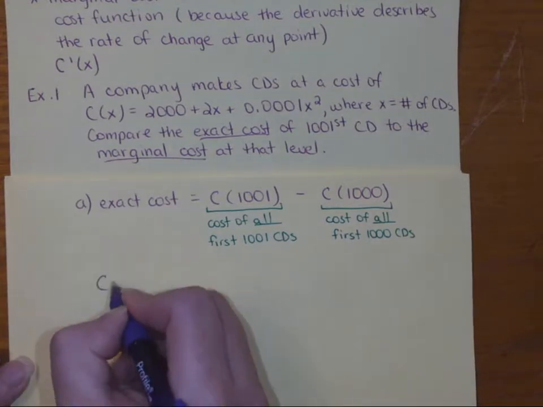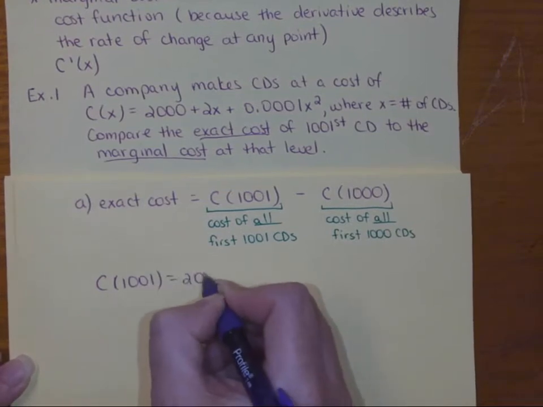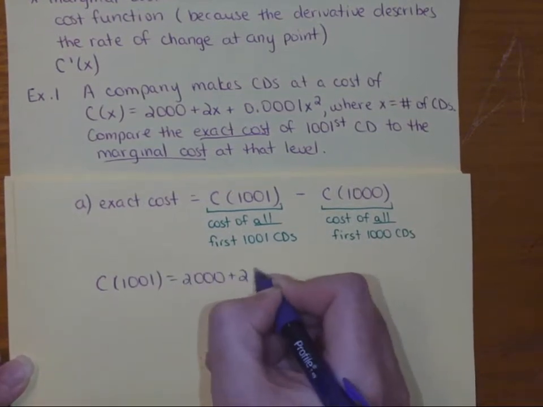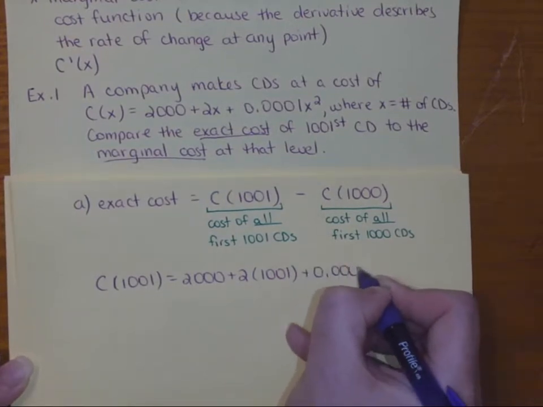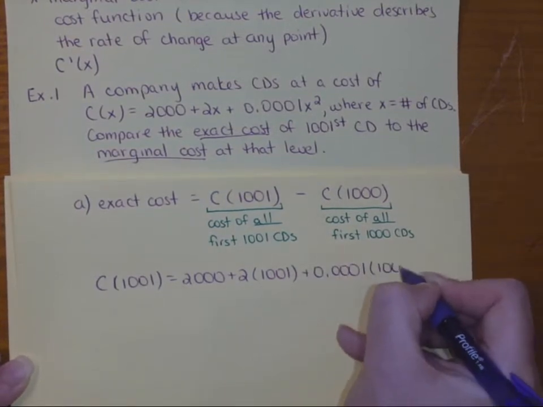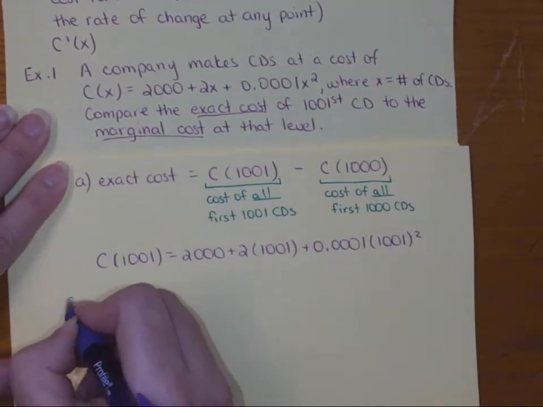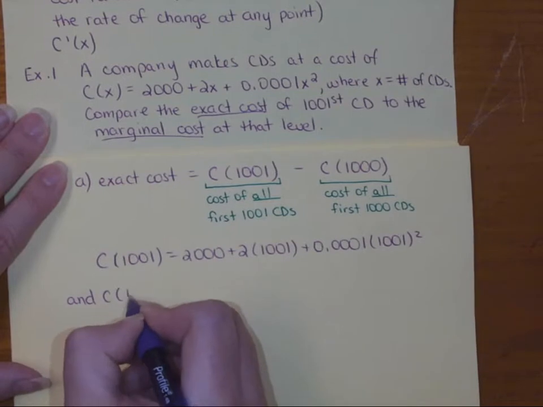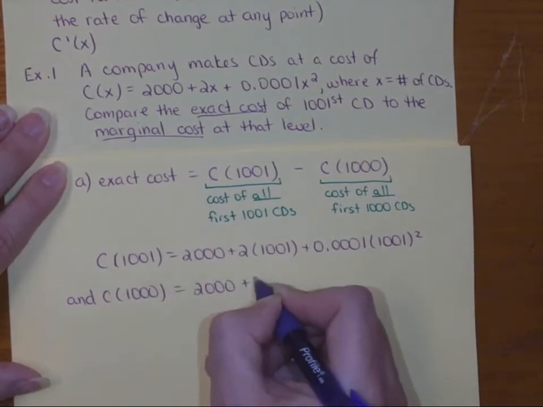All right, so to find C of 1,001, I would do 2,000 plus 2 times 1,001 plus 0.0001 times 1,001 squared. And to find C of 1,000, I would do the same, but plug in 1,000 to the original cost function.